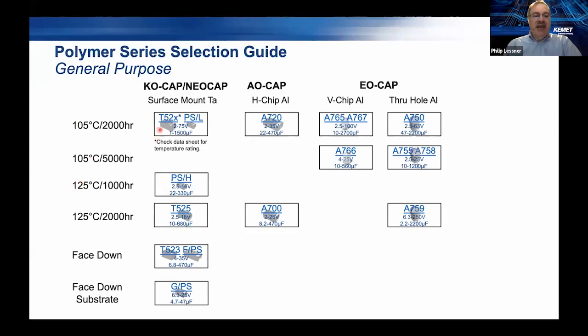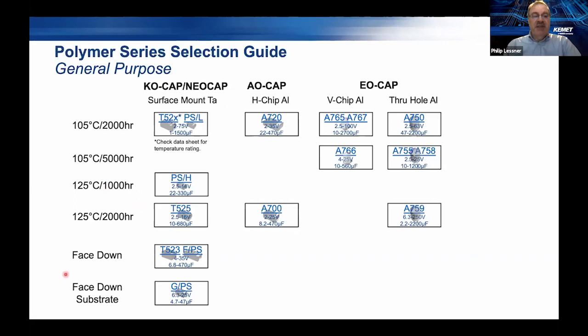So you can see we have a tantalum series, we have the H-chip aluminum in a couple of different configurations, and then a wide number of wound aluminum, both in V-chip, which is a surface mount type of wound aluminum, and also through holes that span these various ratings.